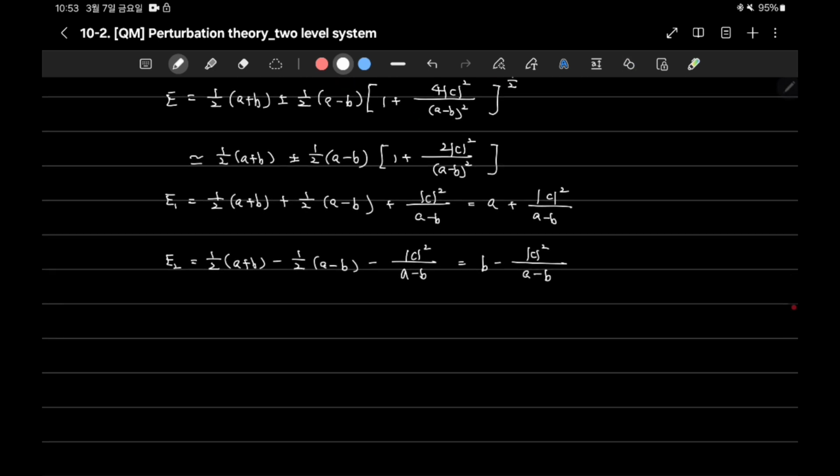By keeping that in mind, E1 is A, which is E10 plus lambda H11 prime, plus C square over A minus B. C square is lambda square H12 prime square, and A minus B is E10 plus lambda H11 prime minus E20 minus lambda H22 prime.